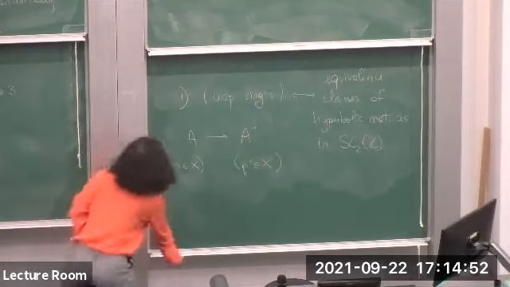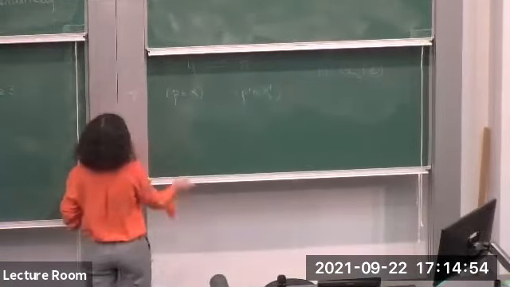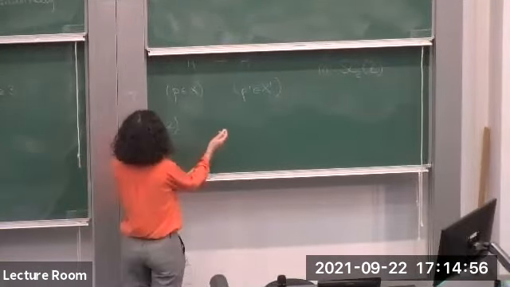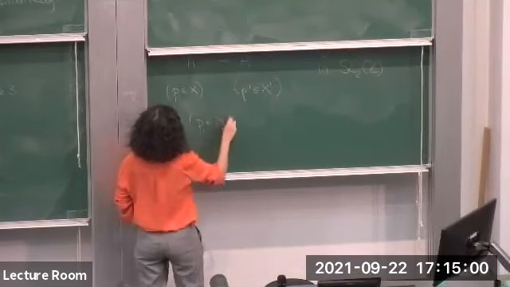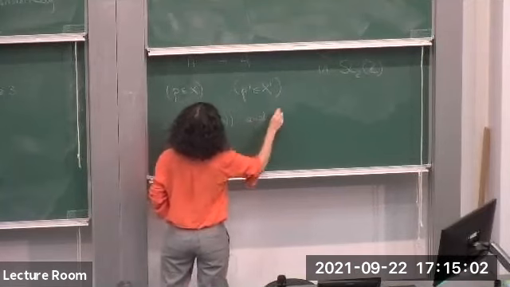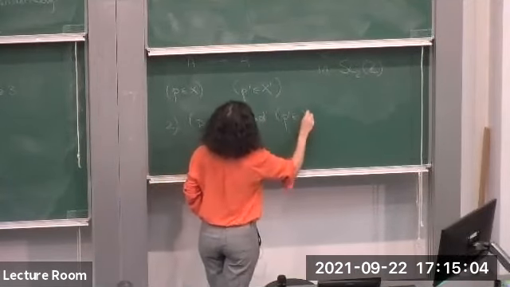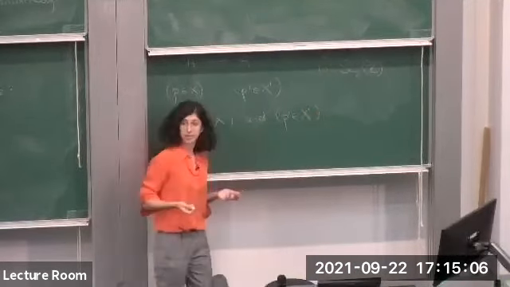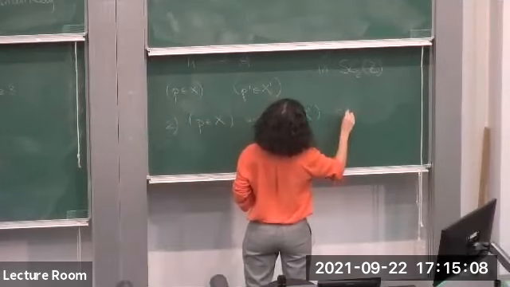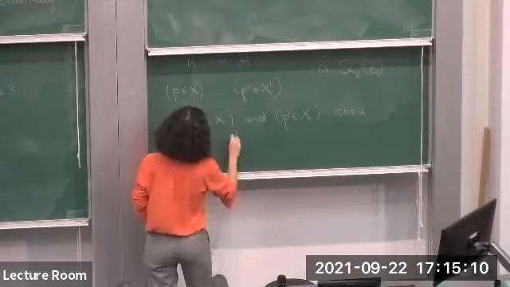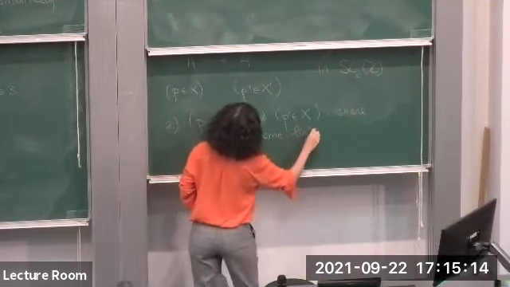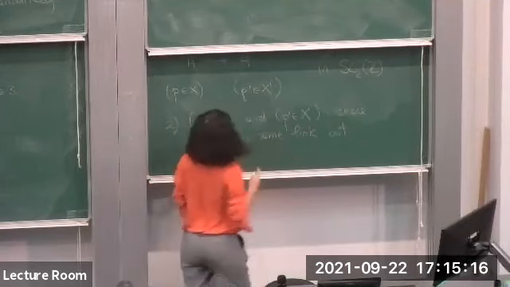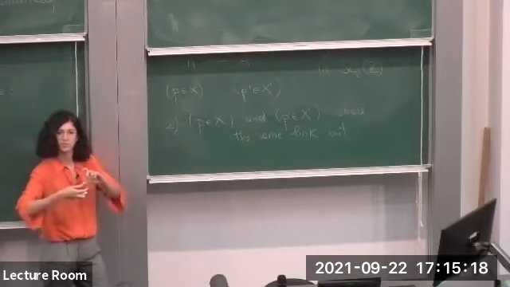In terms of the link of the singularity, P and X and P prime and X prime share the same link, but with opposite orientations.